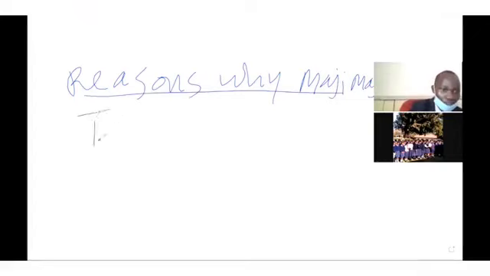Now there is another question maybe asking you, give reasons why the Maji resisted. We have had a problem with this. A student writes reasons why Maji resisted. A student writes this, another one, and they want to score.